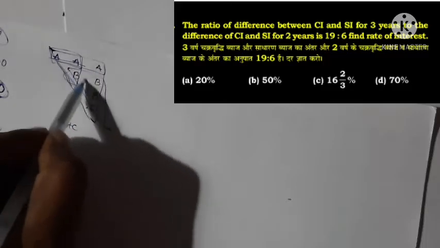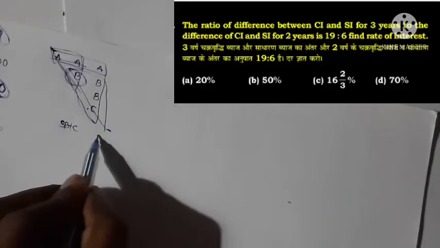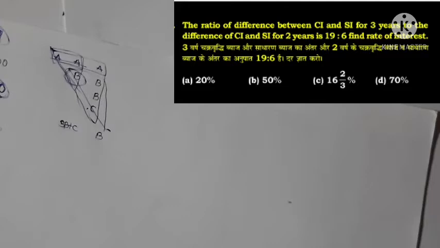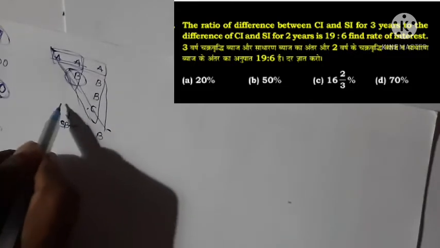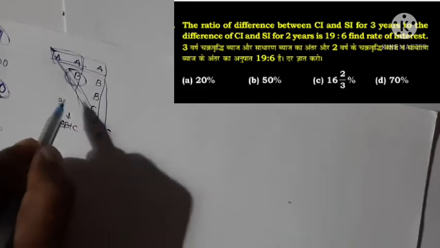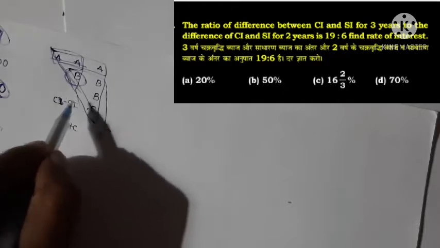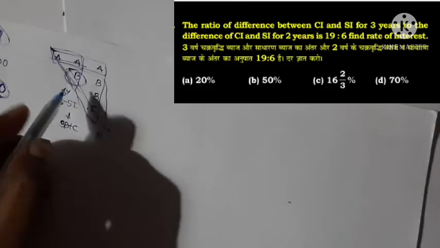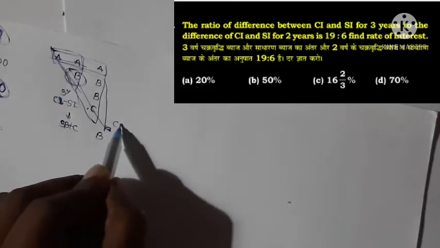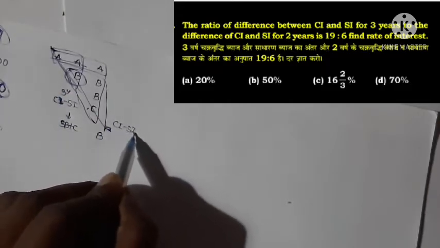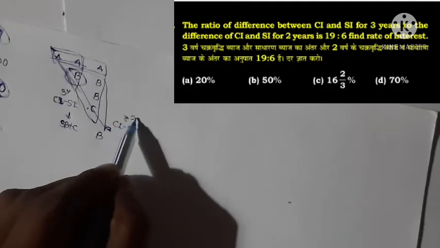The difference is B. So this is the difference of CI minus SI for 3 years, and this is the difference of CI minus SI for 2 years.